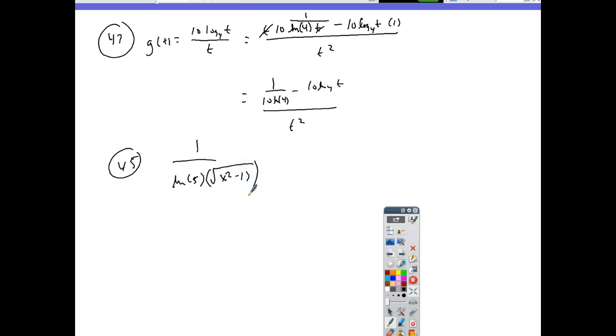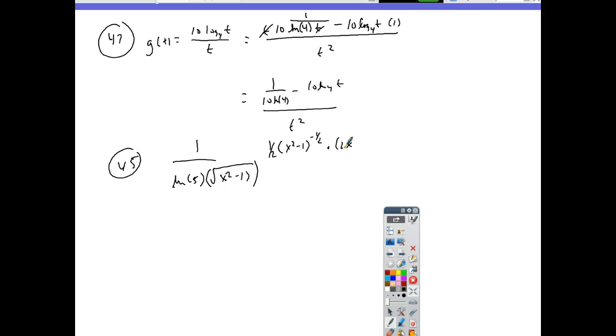Times, okay, so now that's the 1/2 power, so I do 1/2 times x squared minus 1 to the negative 1/2 times 2x. So if I just do it this way, you're going to get the same answer. It just takes a lot longer to simplify that. Actually, it's not that nice.